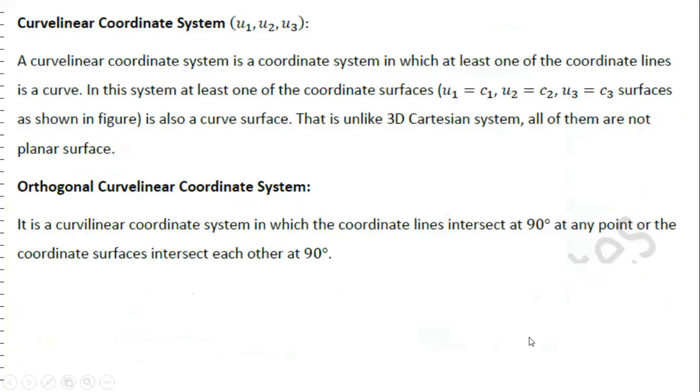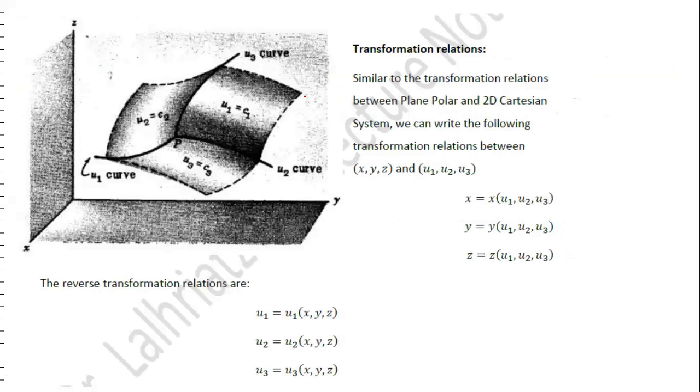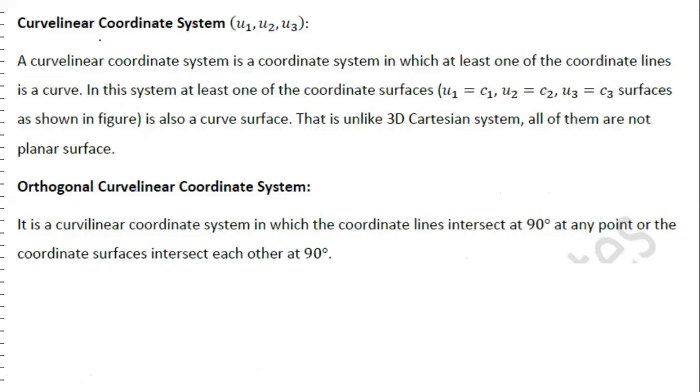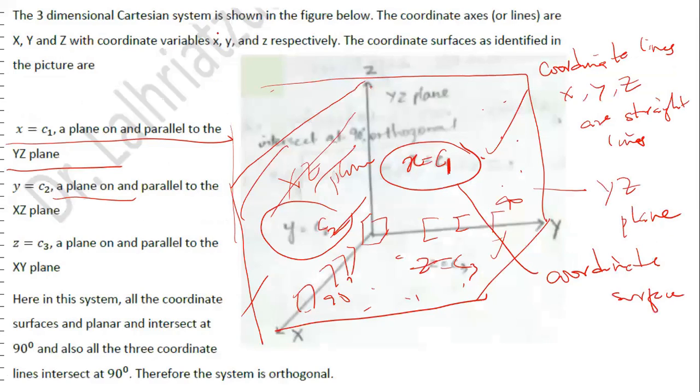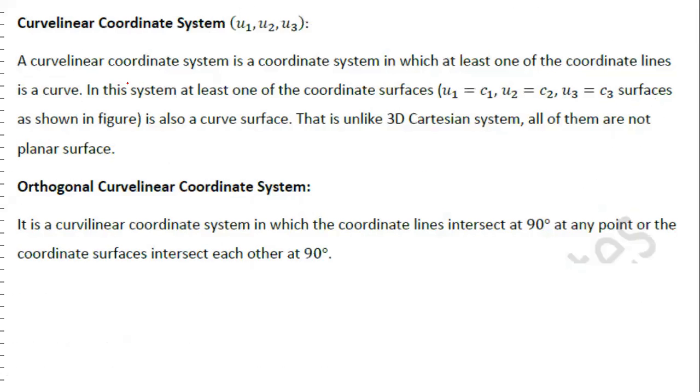There can be another coordinate system in which not all the coordinate surfaces are planar. So instead of this 3D Cartesian system x, y, z, we can consider another coordinate system defined by u1, u2, u3, similar to your x, y, z.